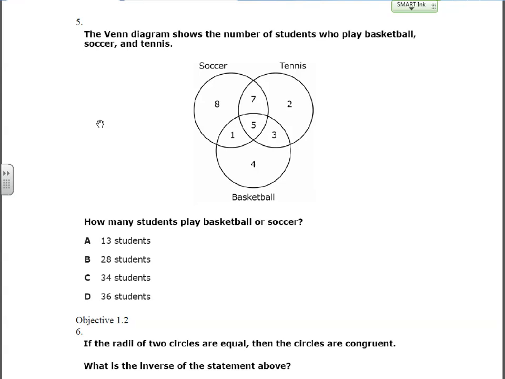Okay. Let's see. The next couple are on inverse, converse, conditional statements. That's the if that, then this, if not that, then not this stuff. Then it gets into transversals and parallel lines. So you want to know those relationships, the corresponding angles, consecutive interior angles, alternate exterior angles, all that sort of stuff.